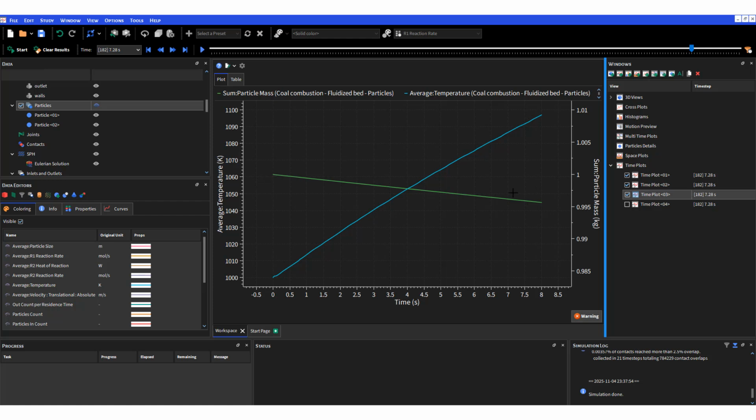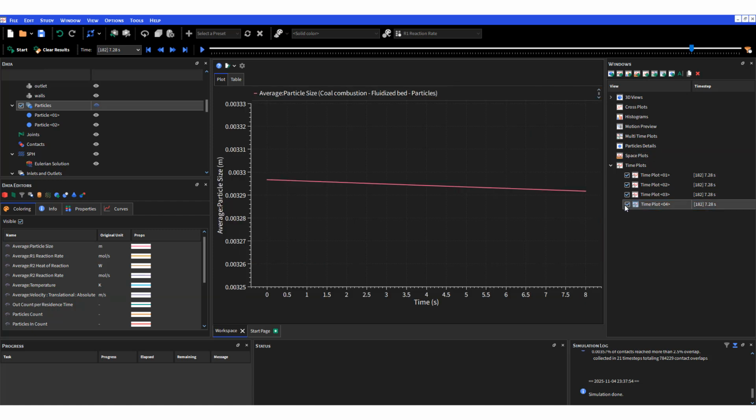And the green line here reflects the sum of the particle mass, so we can see that there is some consumption of the particle over the course of time, but it's not that much. It's a pretty small percentage, because we haven't run this model for long enough to see a substantial decrease in the particle mass, which would likely result in an increase in the particle temperature and the gas phase temperature as well.